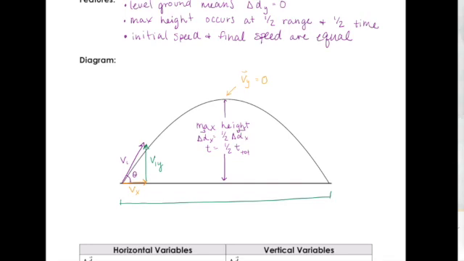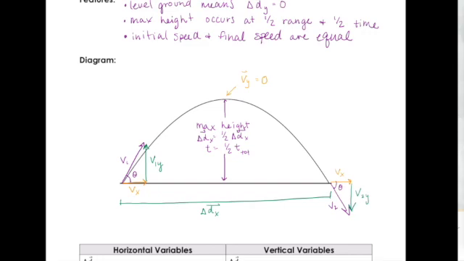This is our displacement of x. Over on this end, we have our final velocity. We're still going to have the same Vx because there was no acceleration, and then our final Vy, and the angle theta.